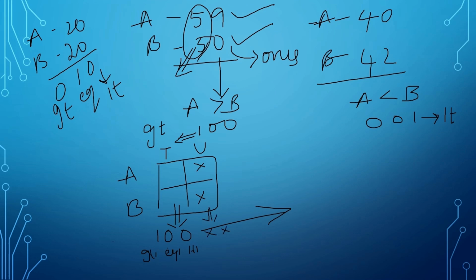In this case, when A is greater than B at tens place, only looking at tens place. Let us consider these outputs as GT2, EQ2, LT2.